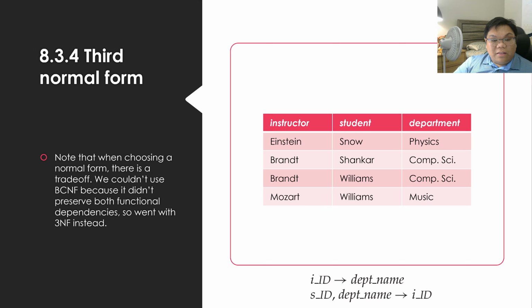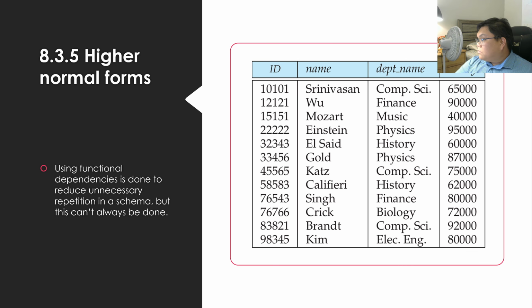We could not preserve all the functional dependencies by upholding Boyce-Codd normal form, so we backtrack and try third normal form instead. There are some other higher normal forms, but using functional dependencies is done to reduce unnecessary repetition in a schema, but this can't always be done.